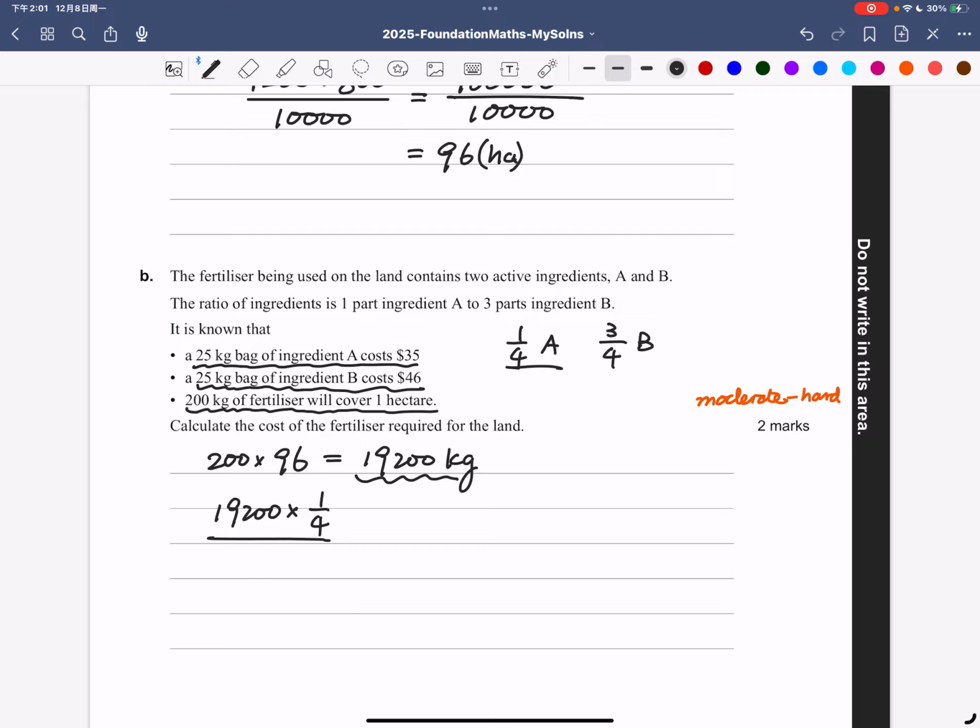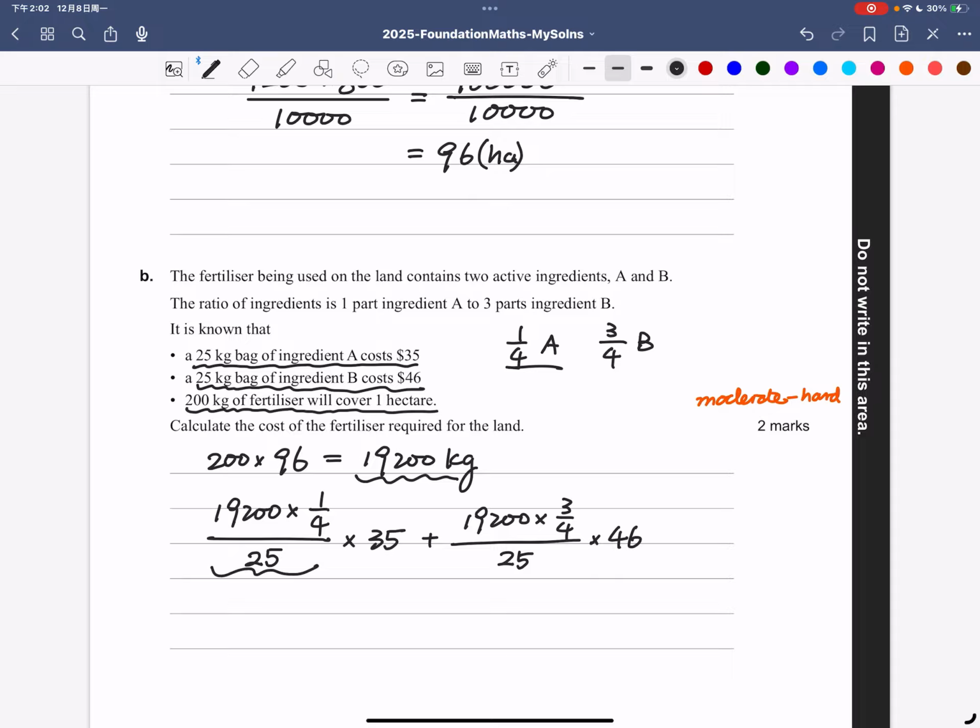Then we divide it by ingredient A in 25 kilograms per bag. Then we multiply by the cost, $35, plus 19,200 multiplied by 3/4. That's the remainder of the total weight of fertilizer, divided by still 25 kilograms per bag for ingredient B. Then we multiply by the cost per bag, 46.